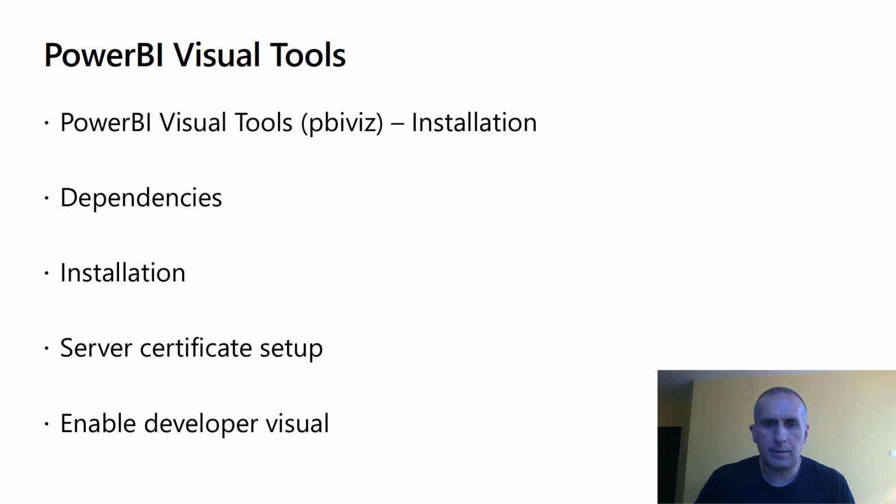And the last step is to enable developer visual for your project. That means you need to enable this mode in your client. Doesn't matter if it will be powerbi.com or desktop. And after that, you are able to add your component to specific report.